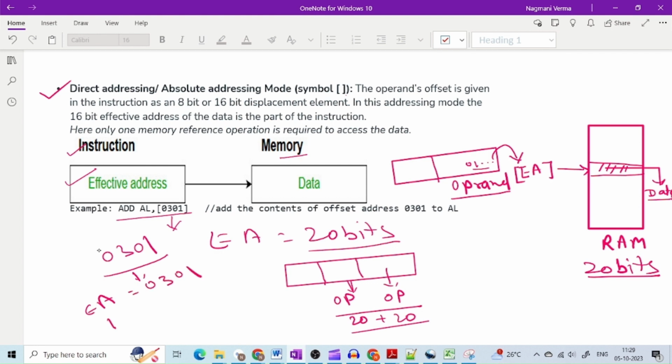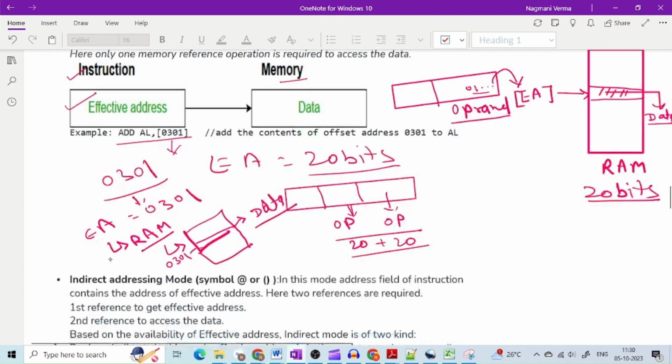It will go to the RAM, and from there at 0301 they will find the data. I hope it is clear.